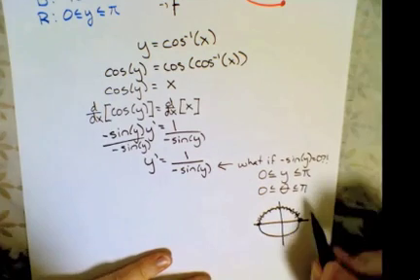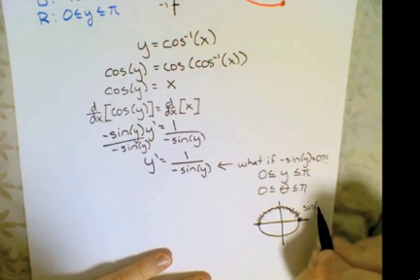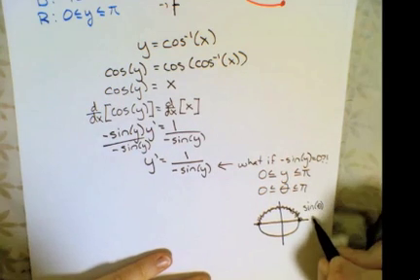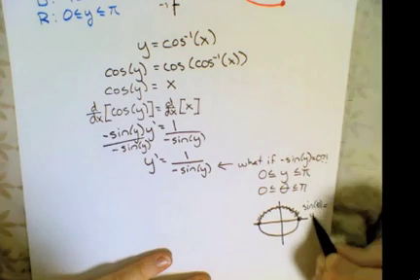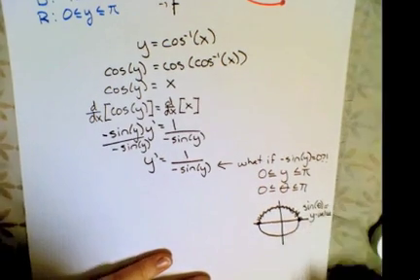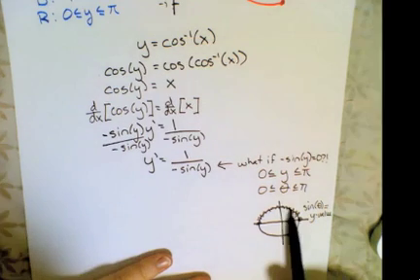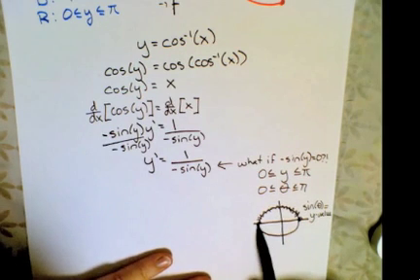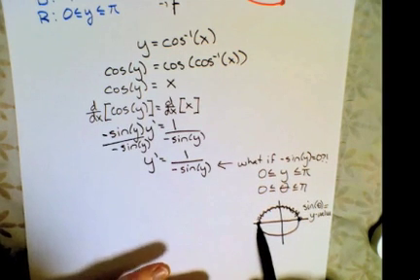The sine value is the y value. And on this part of our unit circle, all the y values are positive, except for in here at exactly 0 and exactly pi. We don't want that because we'll be dividing by 0.